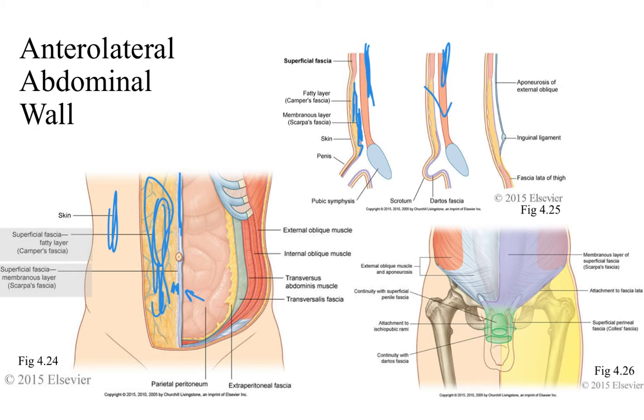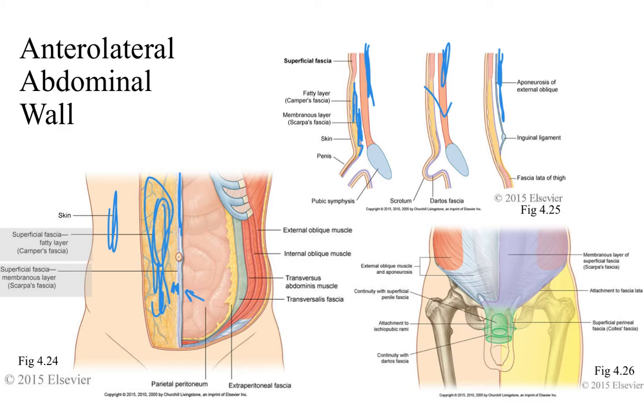And where there's not muscle, you have these aponeuroses, which are connective tissue connections between two regions of muscle. If you remember, tendons connect muscle to bone, ligaments connect bone to bone, and aponeuroses connect muscle to muscle. And so you'll find these aponeuroses behind the fascia associated with the muscle.